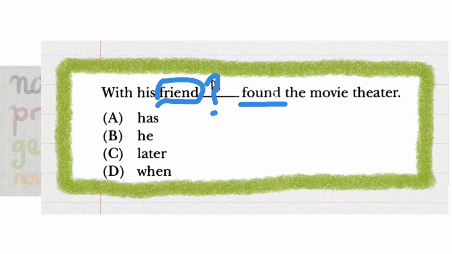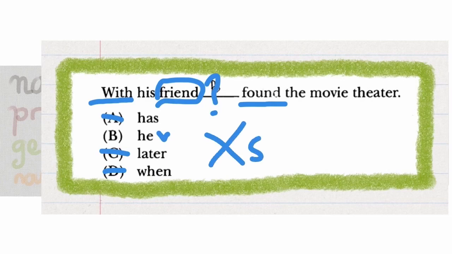Friend is the object of the preposition with, and one noun cannot be both a subject and an object at the same time. Because a subject is needed in this sentence, answer B, he, is the best answer. Answer A, C, and D are not correct because they cannot be subjects.